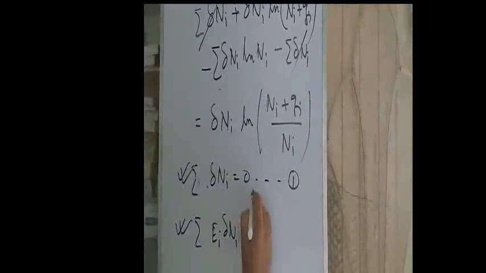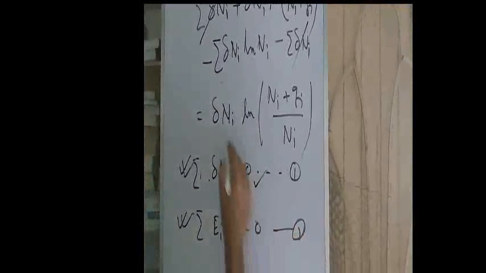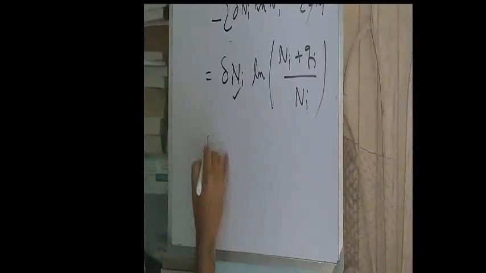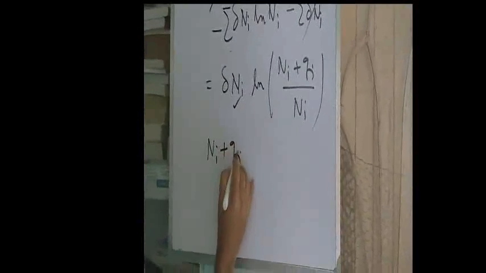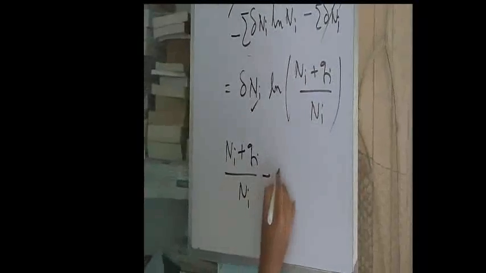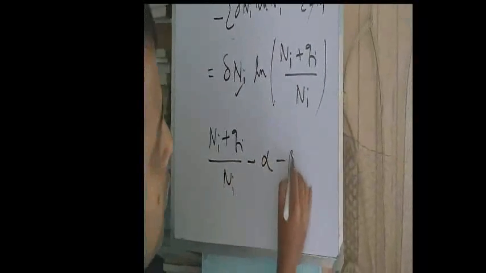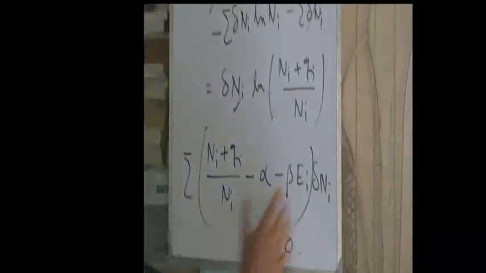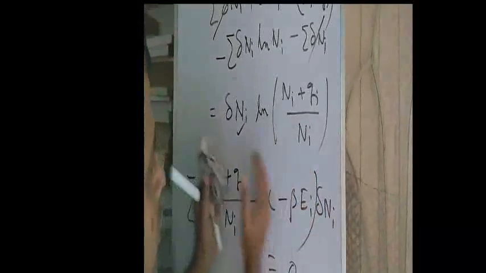Using these two conditions, we can write the sum of ln ((ni plus gi) by ni) minus alpha minus beta Ei, times delta ni, equals 0. Since delta ni is not equal to 0, this bracket equals 0.